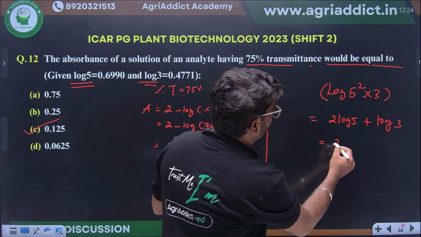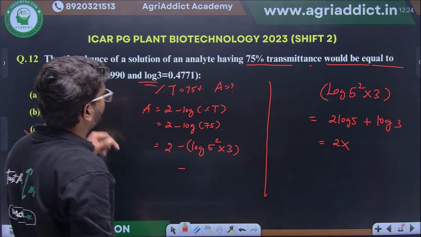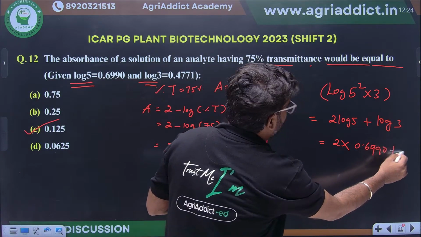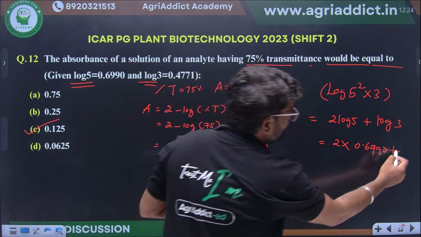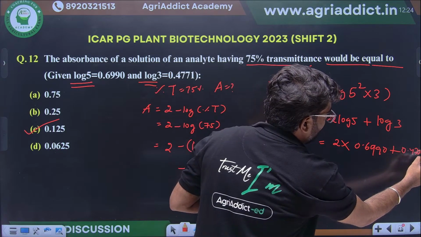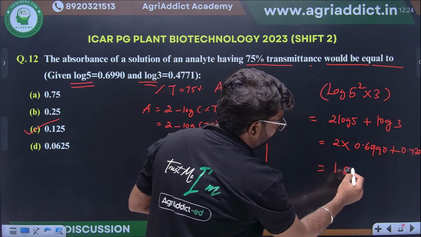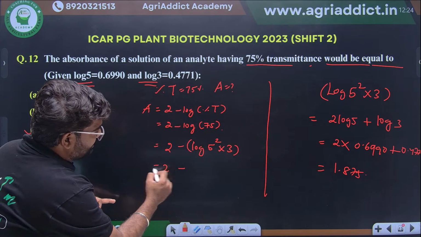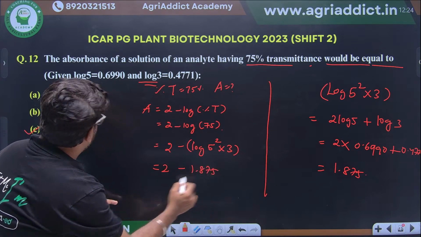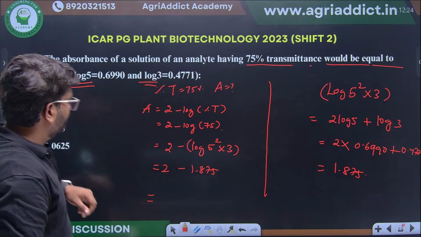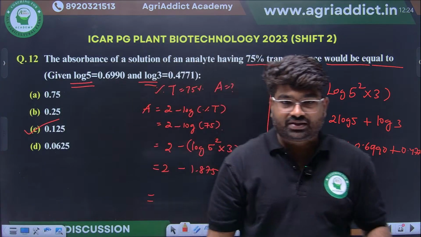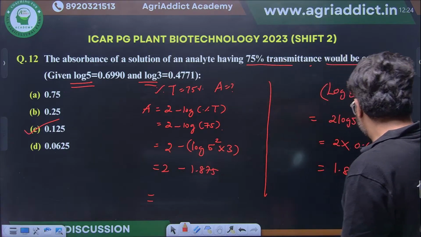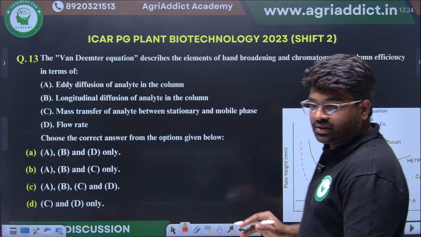So 2 into the log 5 value, 0.699, plus the log 3 value, 0.4771. If you multiply, it will come to 1.875. So 2 minus 1.875, the right option is 0.125. Very good students, you have solved it already. This is a very important sum you have to solve.